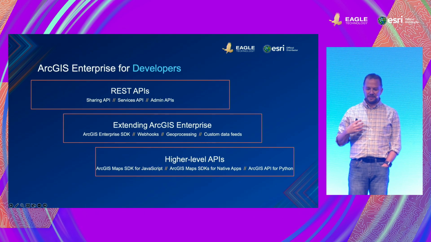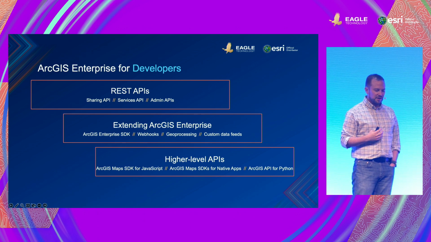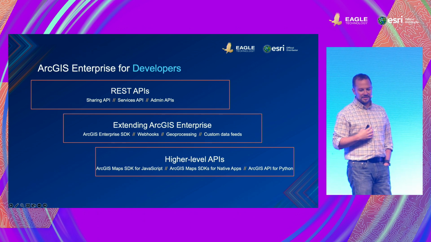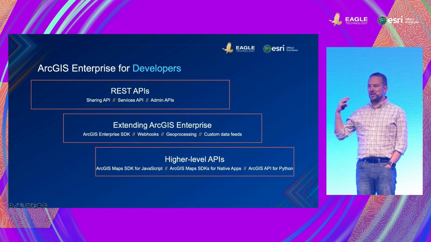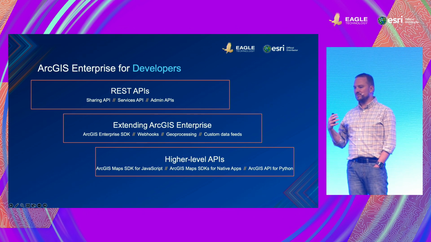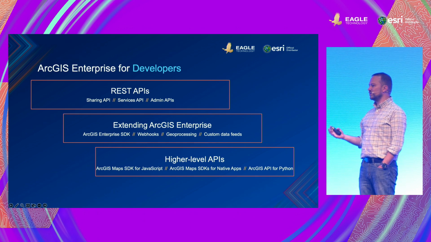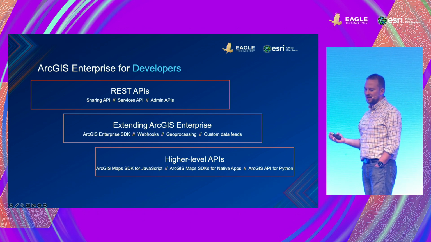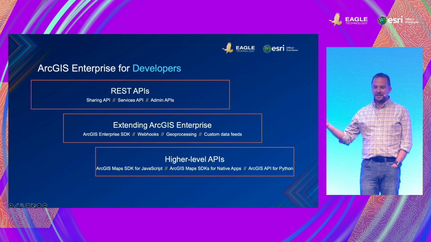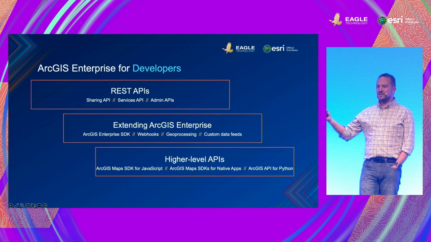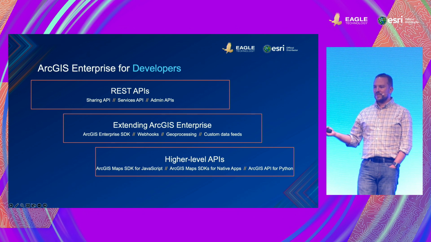And then finally, yet another perspective on ArcGIS Enterprise is the developer perspective. Somebody who's building new custom applications, whether they're custom web applications, custom mobile applications, or even custom desktop applications. They see ArcGIS Enterprise as a collection of REST services, REST APIs, for managing things like users and content.